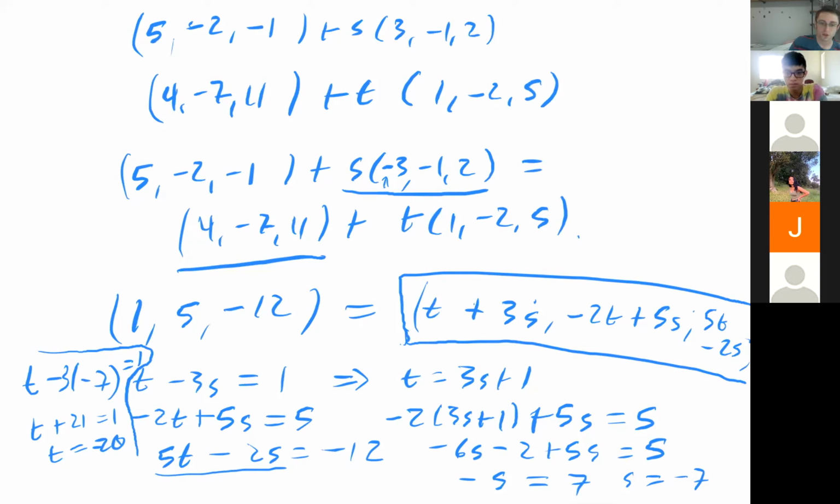Oh, the angle at which the vectors intersect? For the angle that they intersect, I would probably use, let's see, probably you'd use the dot product, right?